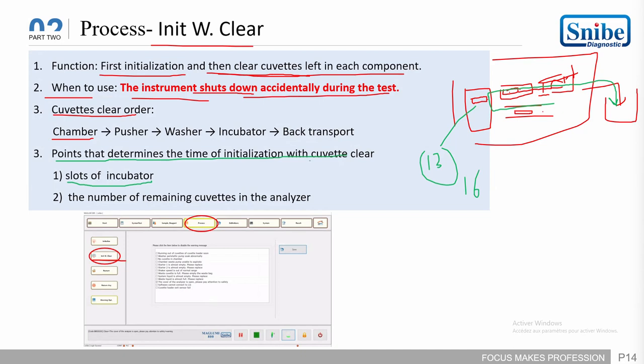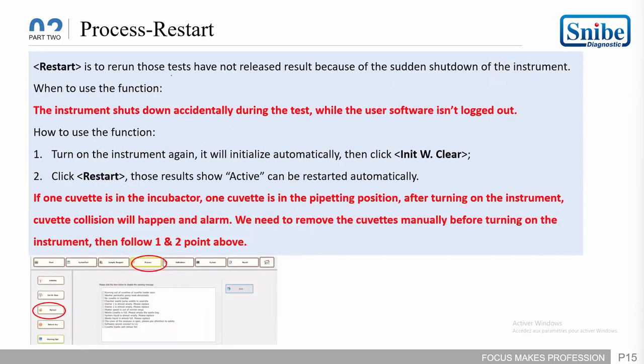So it depends on the number of slots on the incubator. If we have more slots, the initialization with clear cuvette will take more time. It also depends on the number of remaining cuvettes in the analyzer. Maybe we have only one cuvette remaining in the chamber, or maybe cuvettes in the chamber, the washer, the incubator, the back transport, and so on.